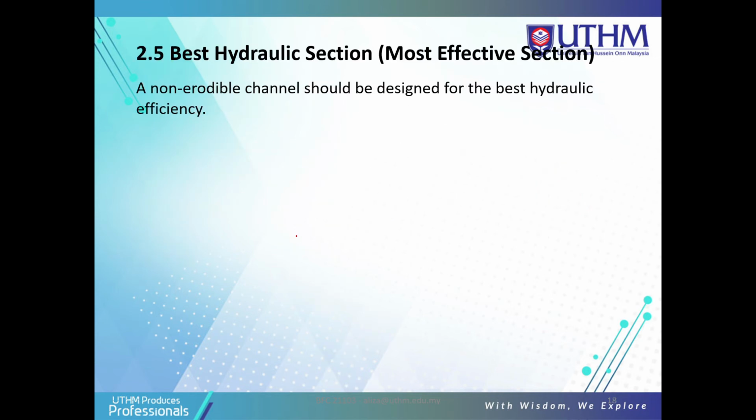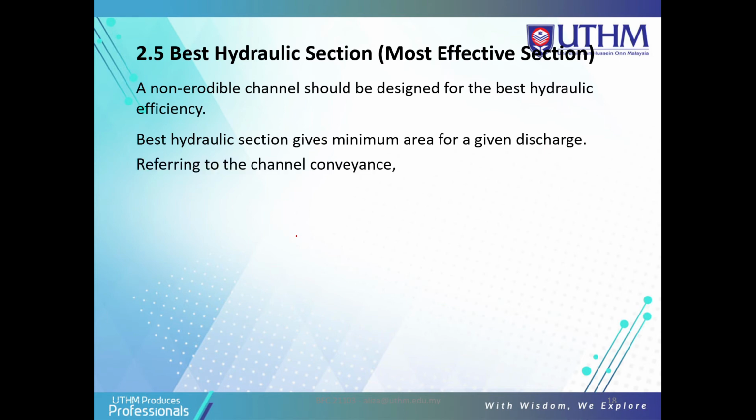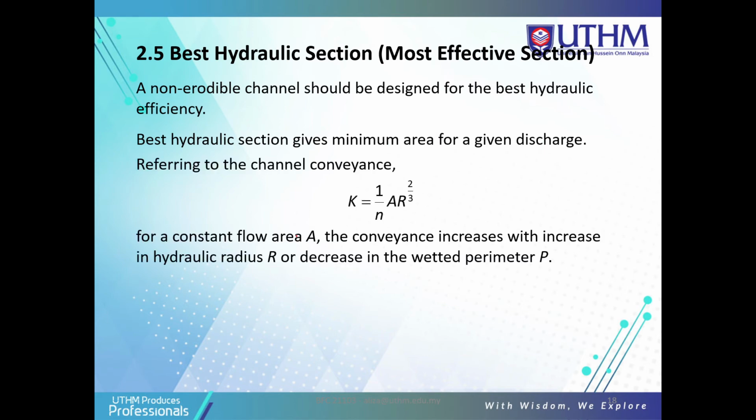Okay, so we change to the new topic, best hydraulic section. New topic 2.5, best hydraulic section, most effective section. A non-erodible channel should be designed for the best hydraulic channel efficiency. The best hydraulic section gives minimum area for a given discharge.